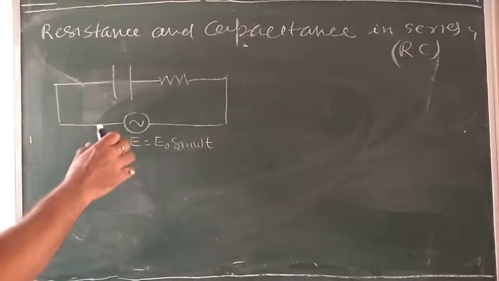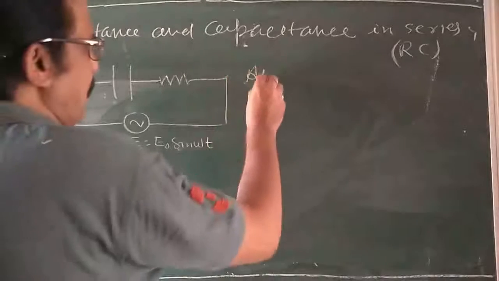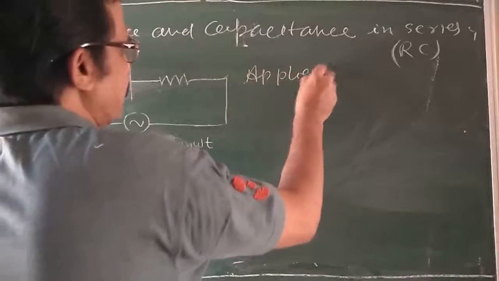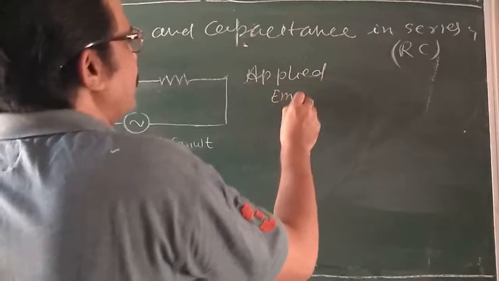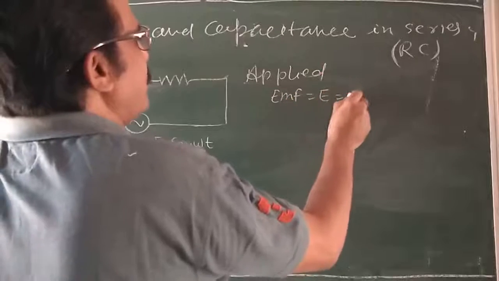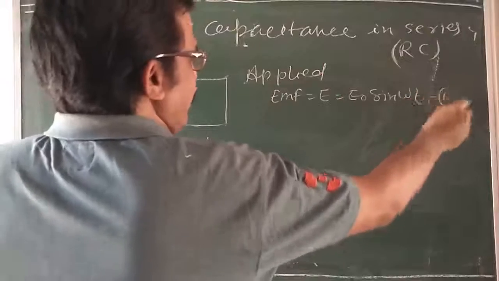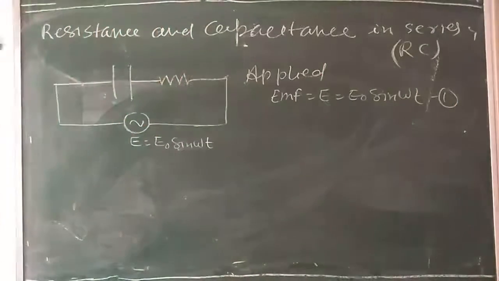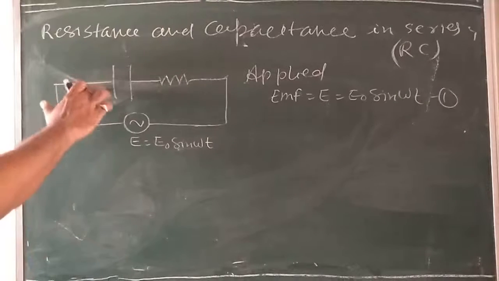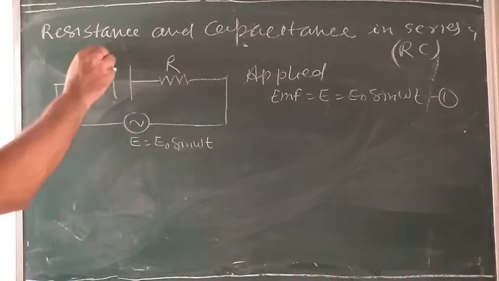Now, the applied EMF is equal to E naught sin omega t. This is our equation first. Is it clear? Now, current through R, here is R and here is C.